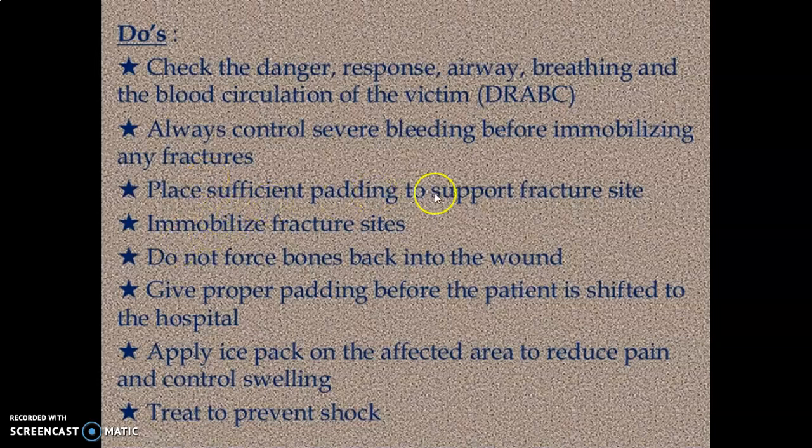Place sufficient padding to support the fracture site. Immobilize the fracture site. Do not force bones back into the wound. Give proper padding before the patient is shifted to the hospital, and apply an ice pack on the affected area to reduce pain and control swelling. Treat to prevent shock.